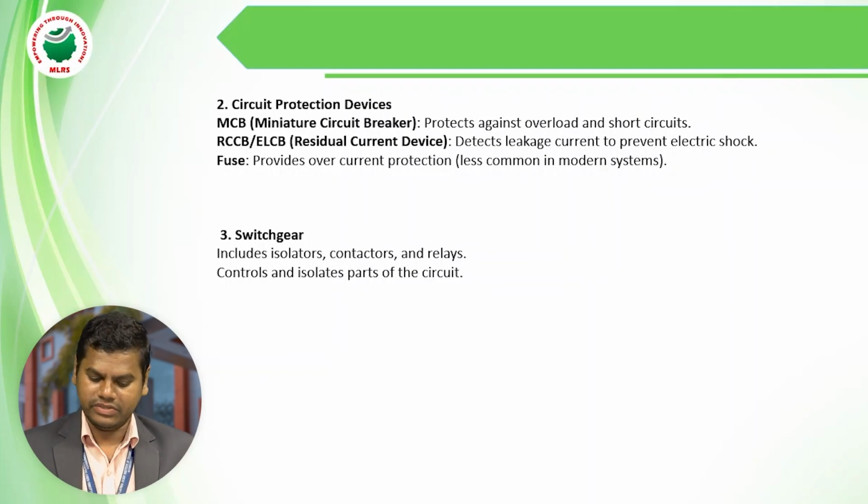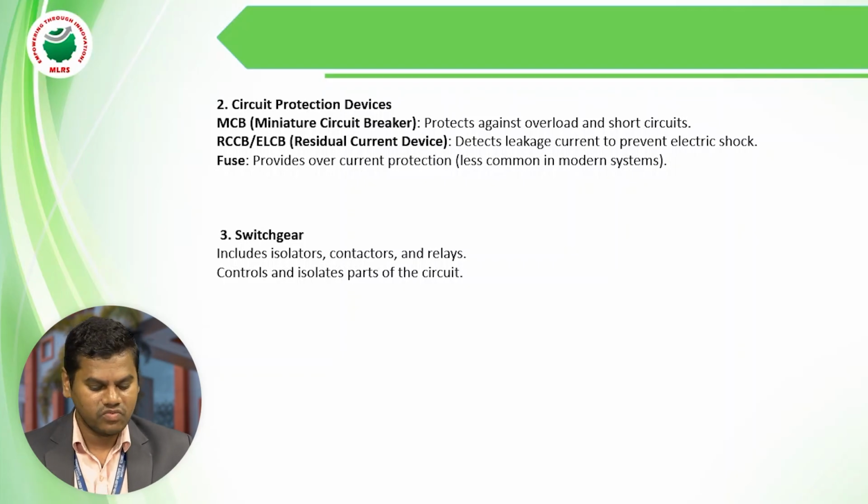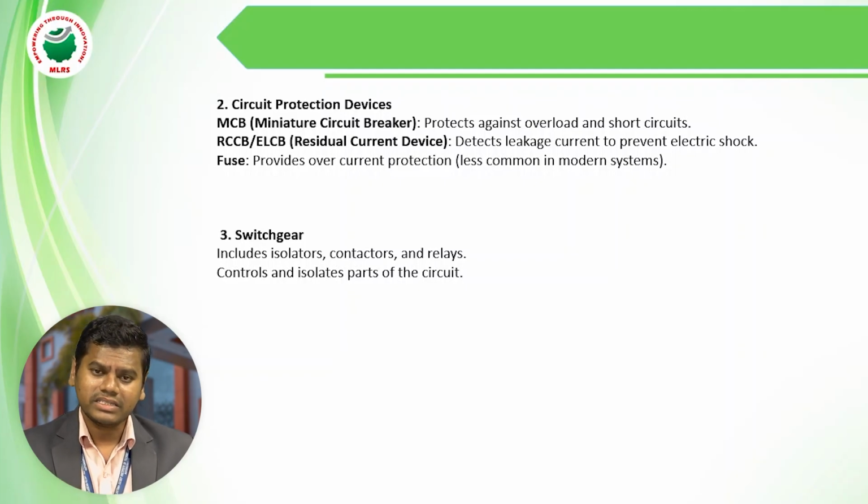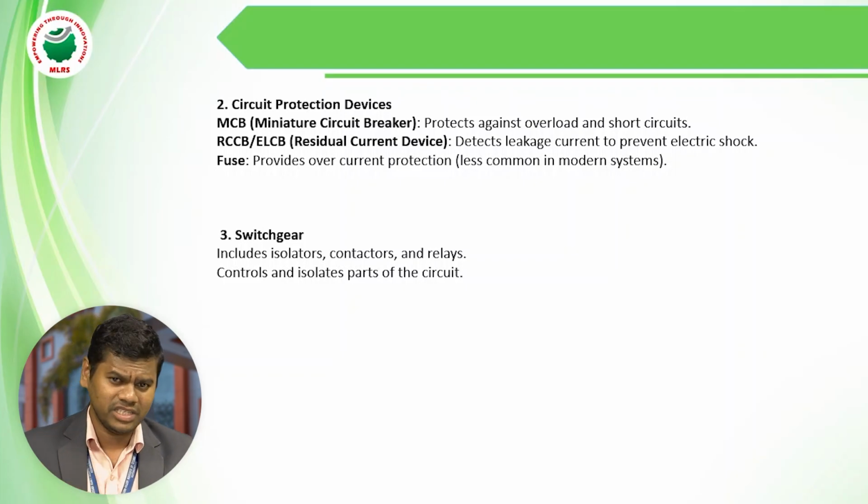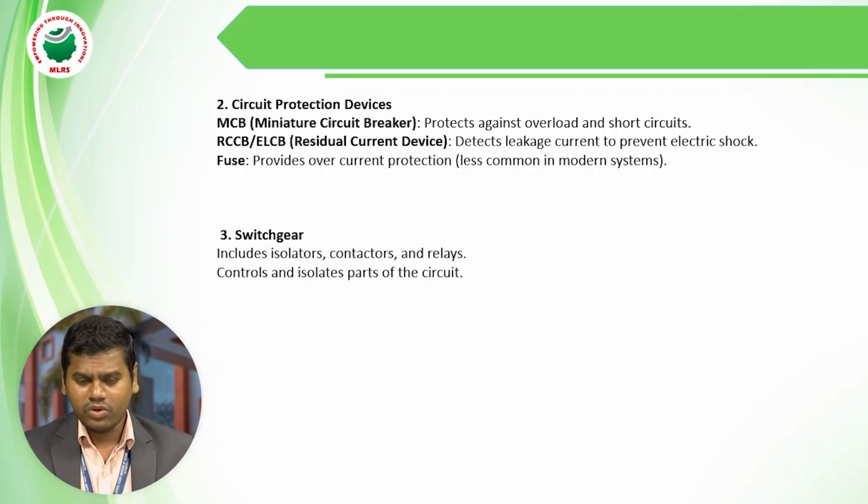Next, circuit protection devices: MCB, miniature circuit breaker, and RCCB or ELCB. RCCB is residual current circuit breaker, and ELCB is earth leakage circuit breaker. First I am taking MCB. It protects against overload and short circuit conditions.